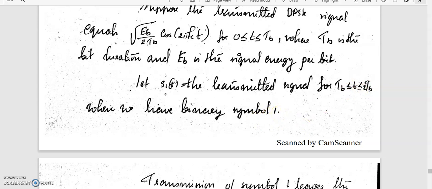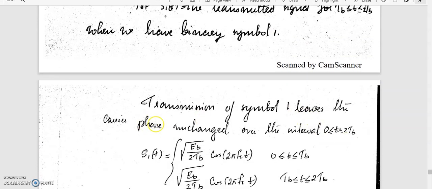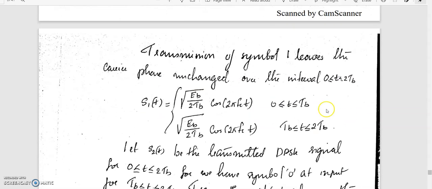As I said, if I have a symbol 1, I leave the carrier phase unchanged. Originally for 0 to TB, let this be my transmitted signal, root of EB by 2 TB into cos 2 pi fc t.